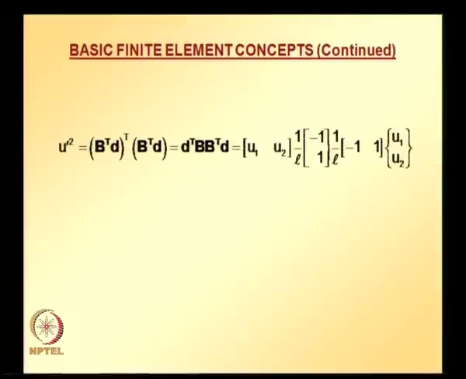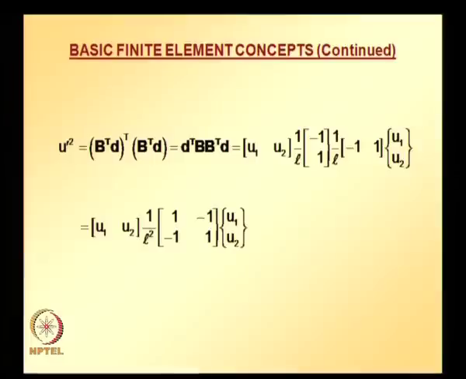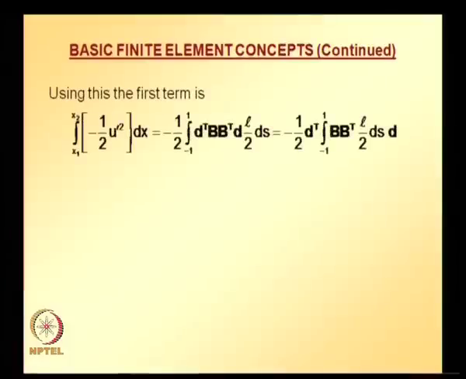U prime square is u prime transpose u prime, and u prime is B transpose D. So, B transpose D transpose B transpose D, and if you apply your matrix knowledge, you can simplify it into D transpose B B transpose D. You know what D is and you know what B is, you plug in all those things, you get this one, and you can do all the matrix and vector multiplications, and you can compactly write it.